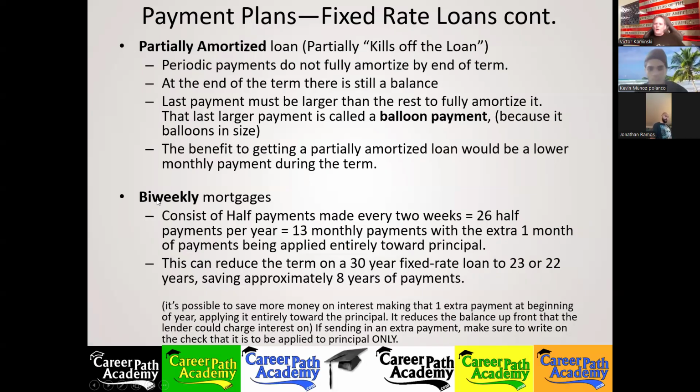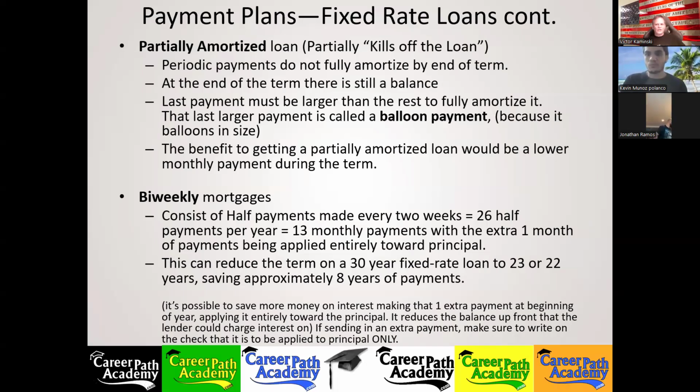Now, here's an interesting one: biweekly mortgages. Many people misunderstand these. They misinterpret them as you having to make a mortgage payment every 2 weeks. That is not what a biweekly mortgage is. A biweekly mortgage consists of half payments every 2 weeks, the equivalent of 26 half payments per year, or 13 monthly payments.